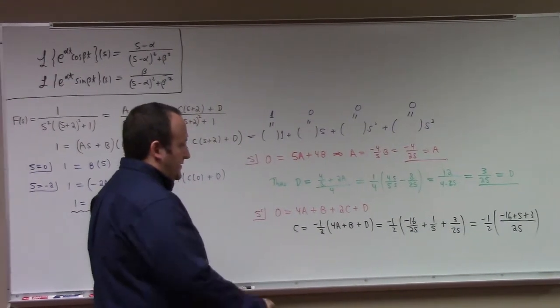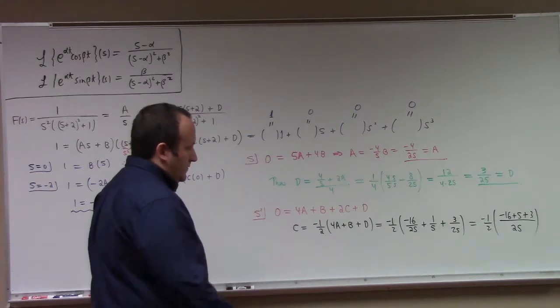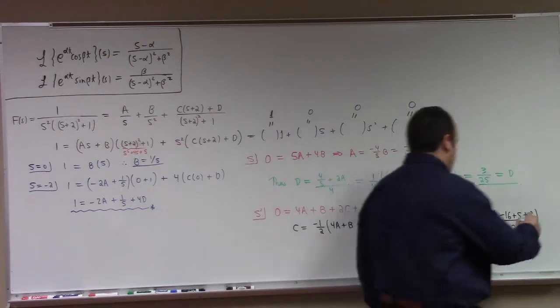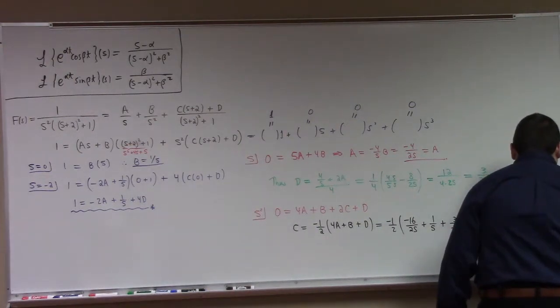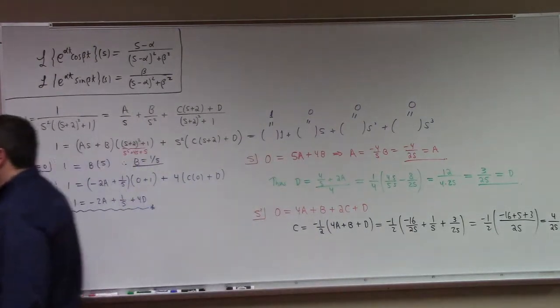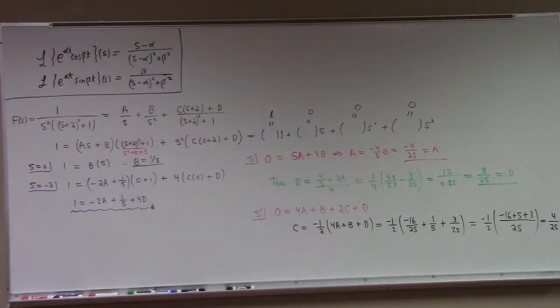Which is a minus 8 over 25. I think that's 4/25. All right. So it was kind of a pain, but we figured it out.